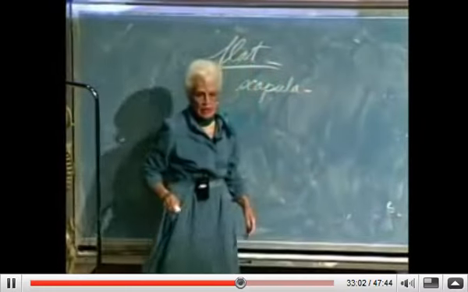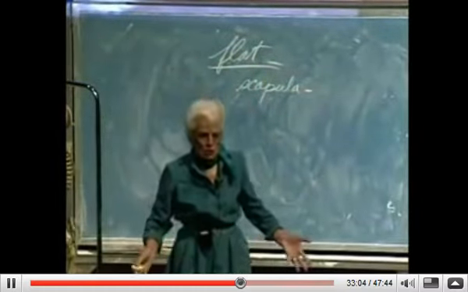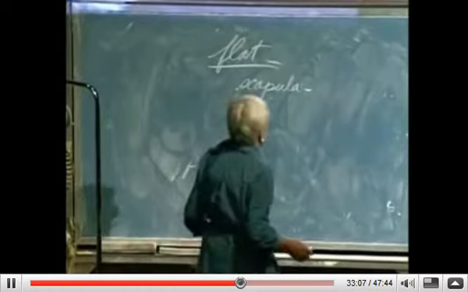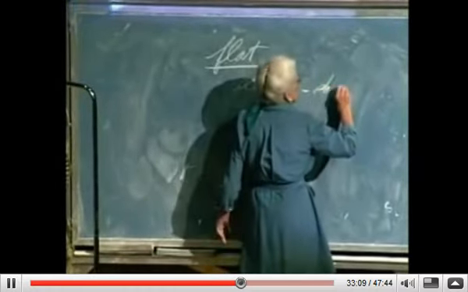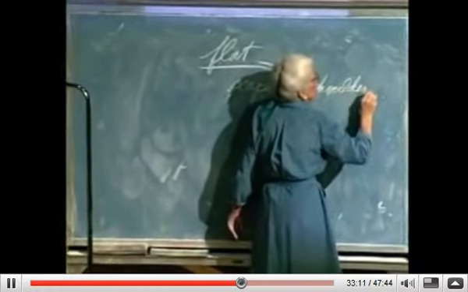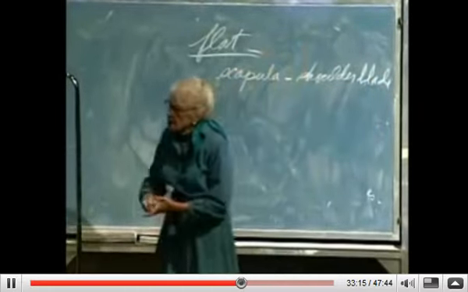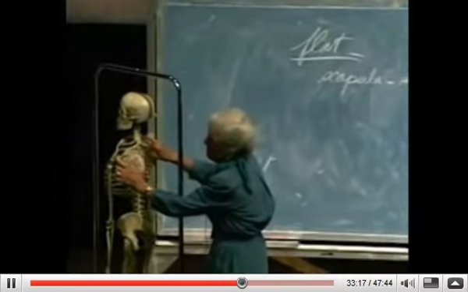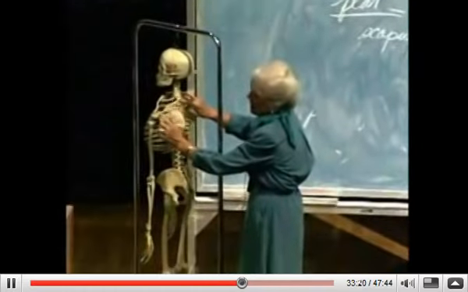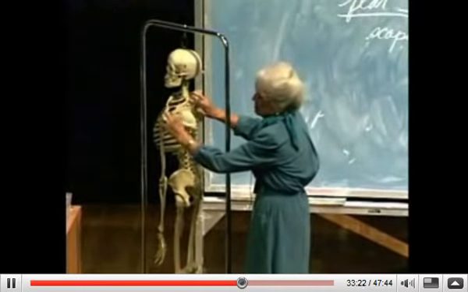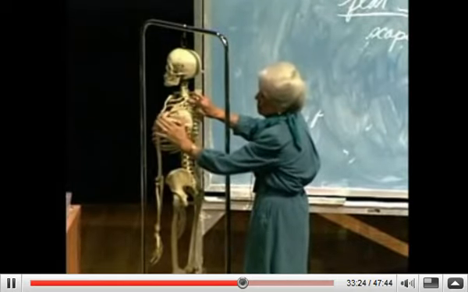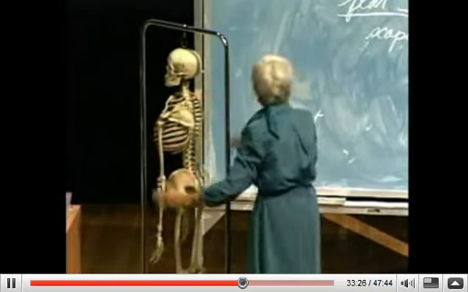What's a common name for it? Shoulder blade. Shoulder blade. The blade is actually the spine of the scapula. That's where it gets its name. That's a blade. That's no blade. That's the spine of the scapula.